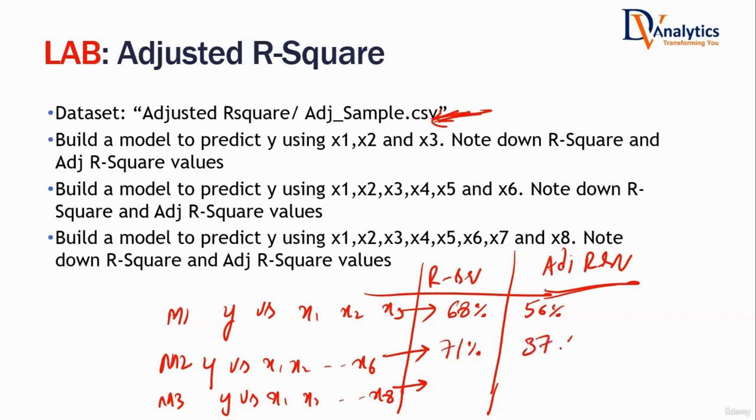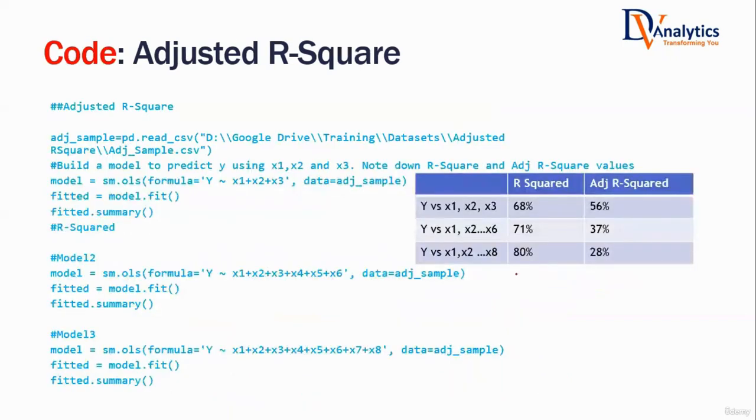Adjusted R square is 37%. Last model, R square is 80%. Adjusted R square is 28%. Are these the same results that you're also getting? Yes, sir.